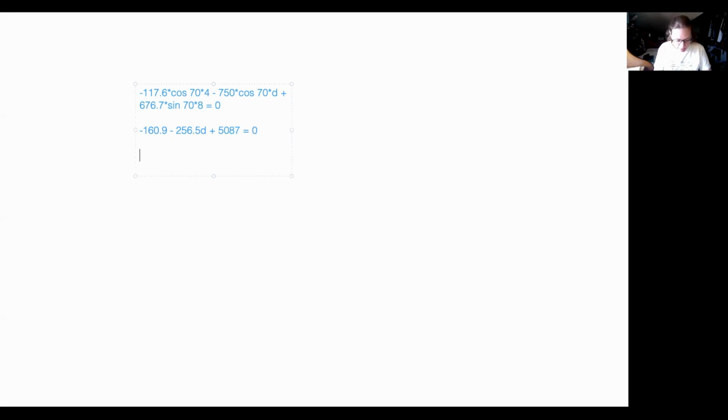So then you should get something like 4926 equals 257d. And if you do that, d equals about 19 meters, which means that we can walk 19 meters up the ladder before it starts to slip. And since the ladder is only 8 meters long, we're all good. So that's the correct math for the end of the ladder problem.